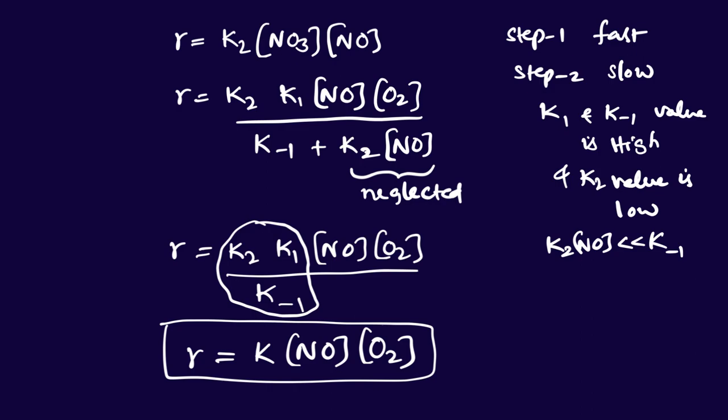When none of the steps is clearly a slow step, we can utilize the steady state approximation method, because it is based on the intermediate's rate being 0. So keep in mind: when there is no slow step in the reaction mechanism, we have to follow the steady state approximation method.